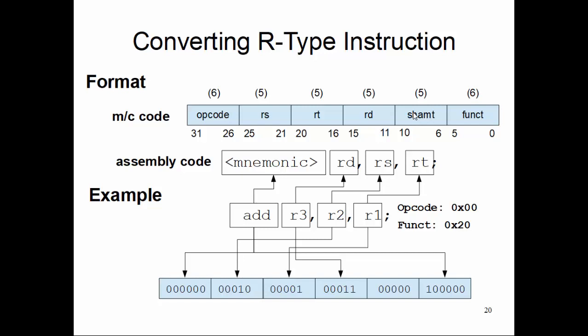There you can specify something like SLL R3, R2, 15. It looks like an I-type instruction, but it is not an I-type instruction. In that case, you need to place the shift amount, which is encoded directly within this instruction, into this field.